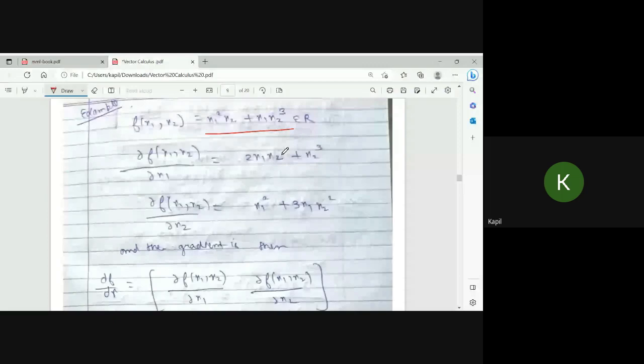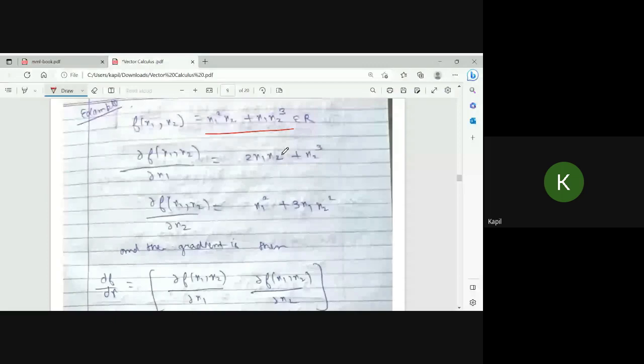To compute the gradient of f, we apply the chain rule as follows. First of all, we find the derivative with respect to x1, x2 in a row vector because it is a gradient. Then in the second matrix, because x1 is also a function of t, we find the partial derivative of x1 with respect to t and the partial derivative of x2 with respect to t.